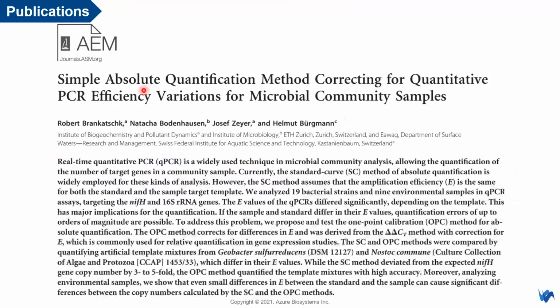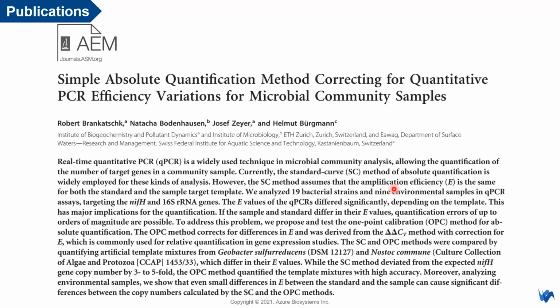Right. Next is an example of how people advance these analysis strategies, which is they correct the quantitative PCR efficiency variation for microbial community samples. I highly recommend you go and read this up. They address the issues of using the standard curve method in absolute quantification, because as I said, it assumes that both the standard and sample target template have the same efficiency.